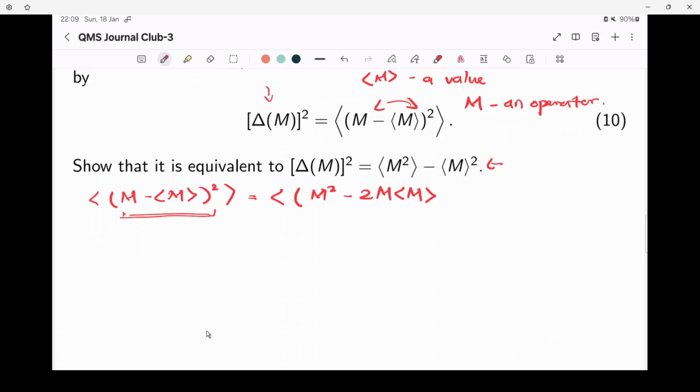And then you have plus the expected value of m, squared. So when you are finding the expected value for each of these individual terms, you can actually break it down into the expected value of the individual term. So you have something like this.